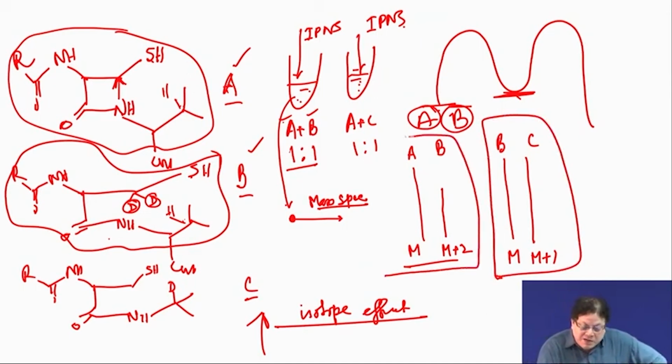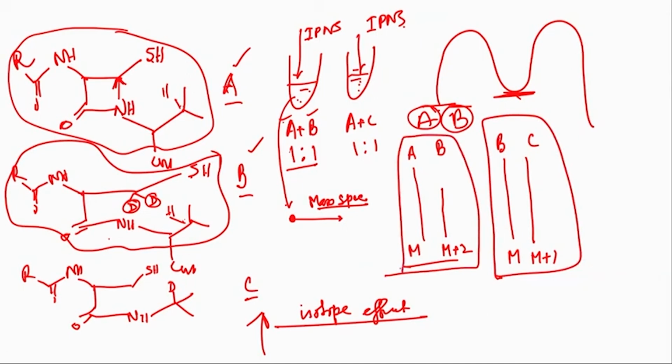If the ratio changed here, that means for A and B, the first step faces the isotope effect. You face the isotope effect only when this carbon nitrogen bond is formed first. If it is the second, then A to C should have changed. This is actually A, sorry, I am very sorry, that is A, that is not B. Okay. That is AC and that is AB.